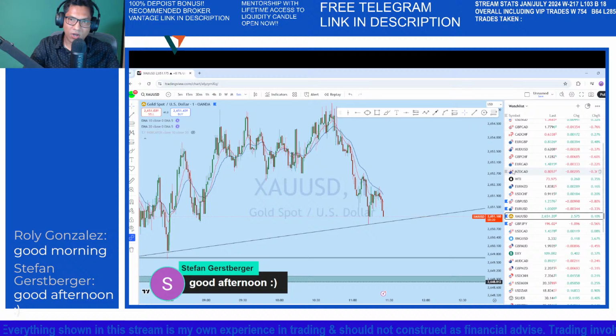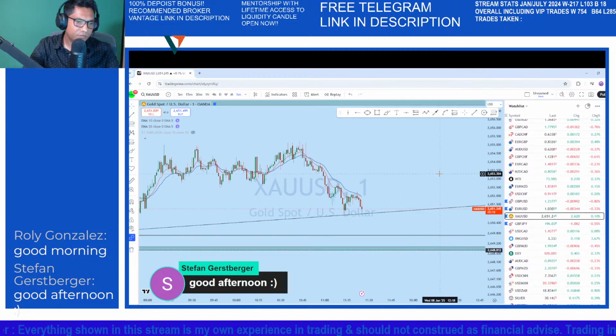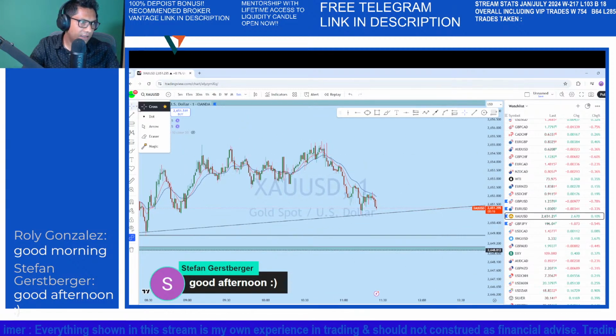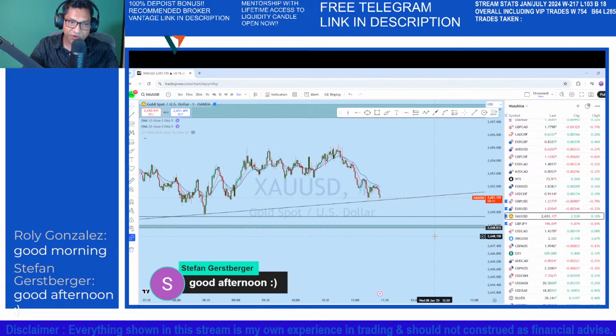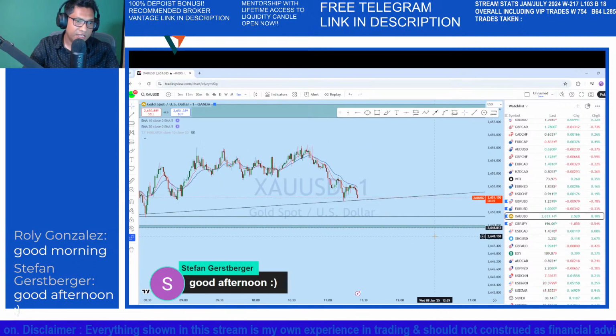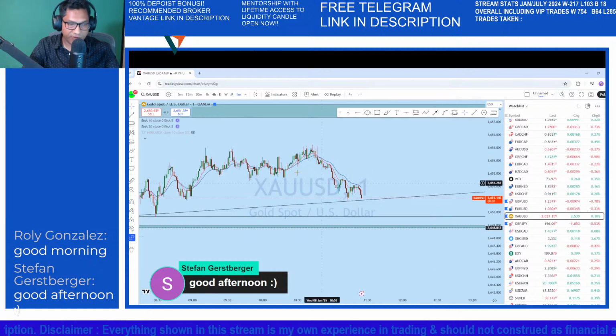Because you might see one trend in one direction, and then, let's say, a downtrend in the lower time frame, you might see an uptrend in the higher time frame. So this is what we can see.